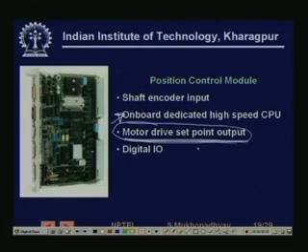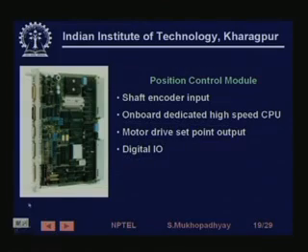It takes its own set point from the central processor. It has digital I/O depending on the final motor; for example, a stepper motor is actually driven by digital I/O.